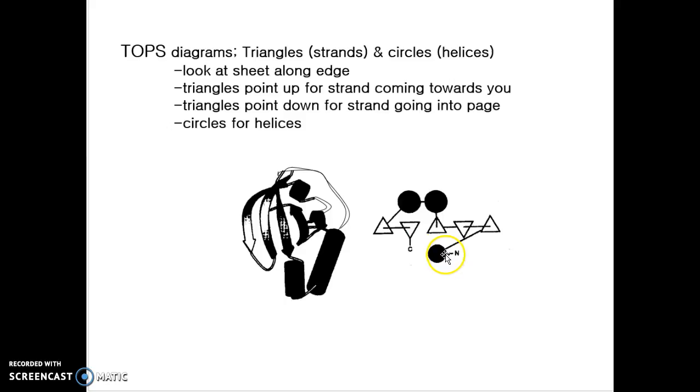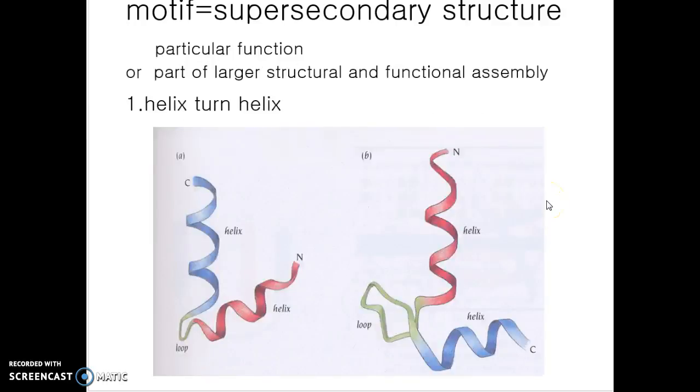Circles represent helices. With the real protein, we can trace by this TOPS diagram: N terminal and alpha helix, and then connected to a beta, which comes from the page towards you, and connected to another one that comes from you to the page, something like that. This one is not explained in our textbook.